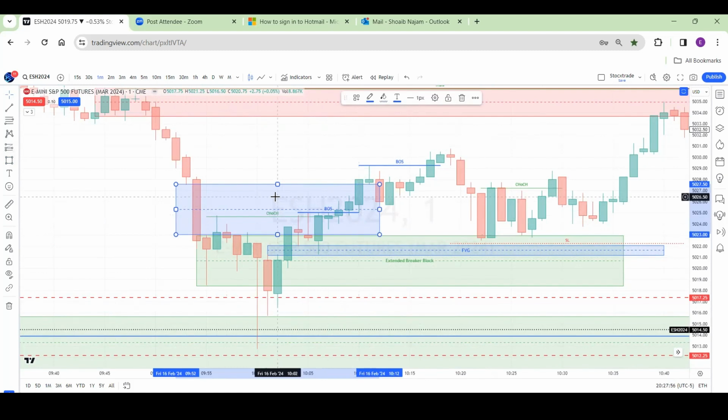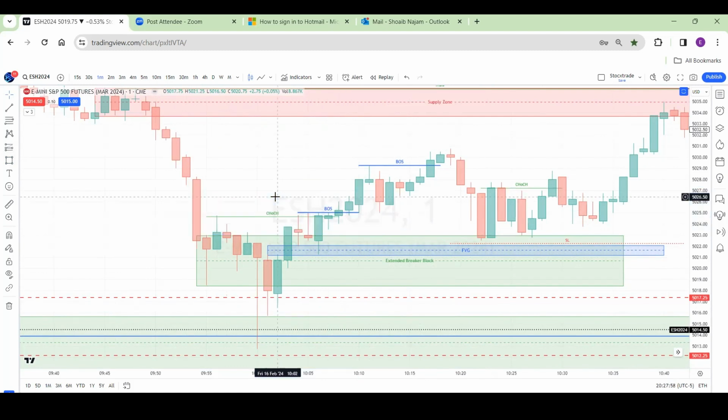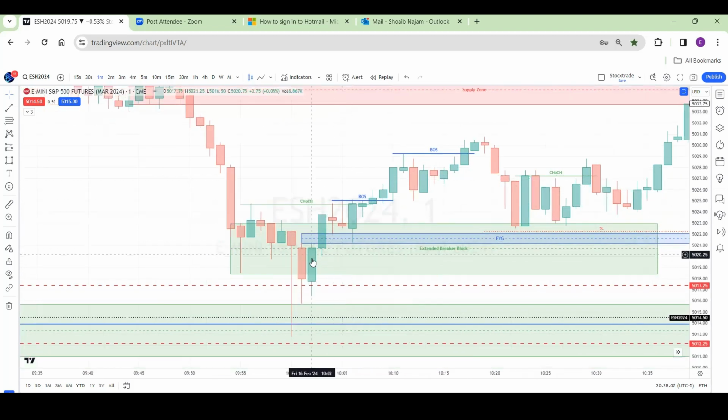So what is the meaning of inverse fair value gap? If the market is going up, this is the normal fair value gap which we mark.